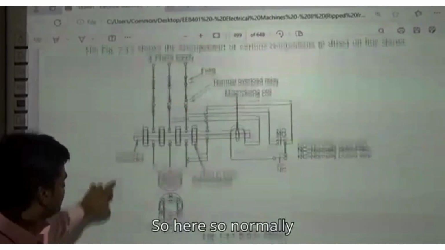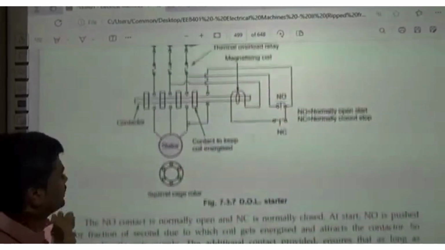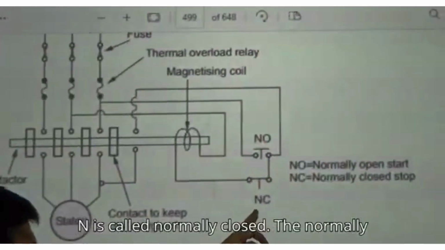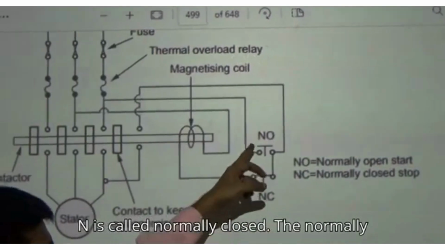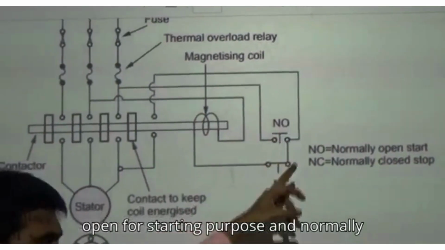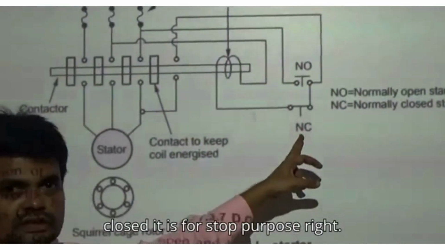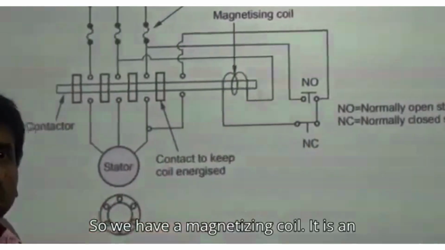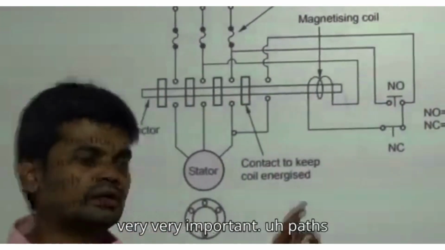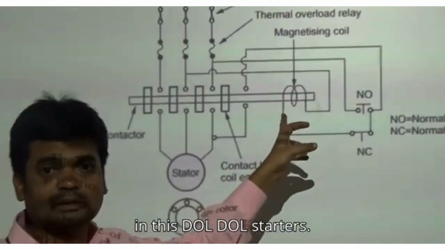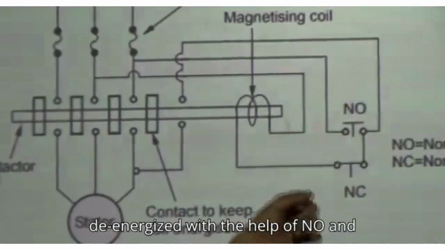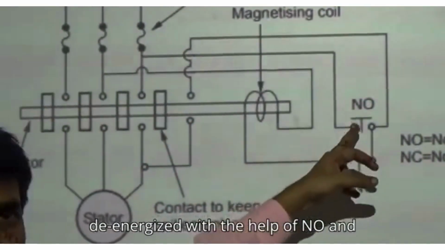Here we have NO, called normally open, and NC, called normally closed. The normally open is for starting purpose and the normally closed is for stop purpose, right? We have a magnetizing coil. It's a very important part of this DOL starter. We energize or de-energize it with the help of NO and NC.